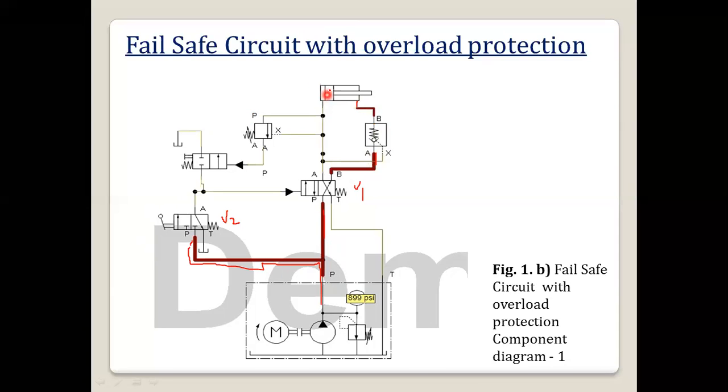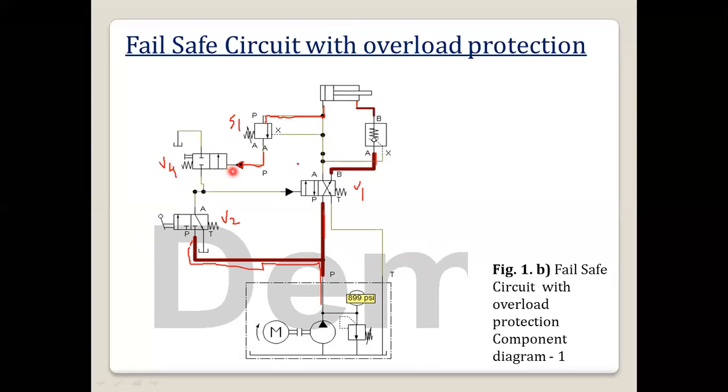Then it will go to the rod side, where the cylinder is in the fully extended position. There is a connection going to the sequence valve, which I will write as S1. Then oil from the sequence valve goes to the pilot line of the 2 by 2 DCV, that is V4.